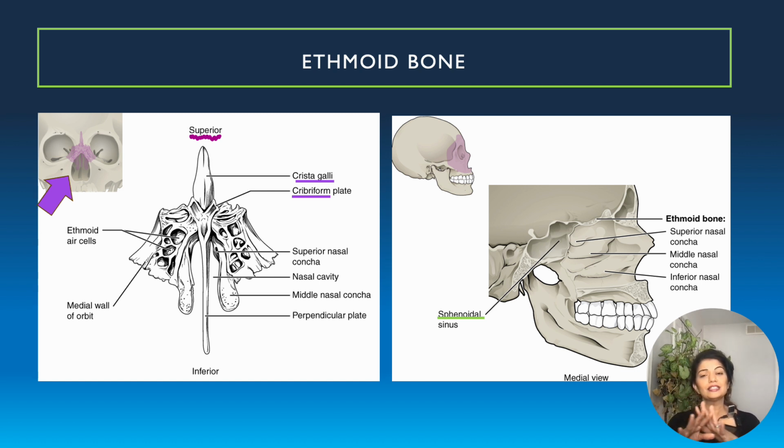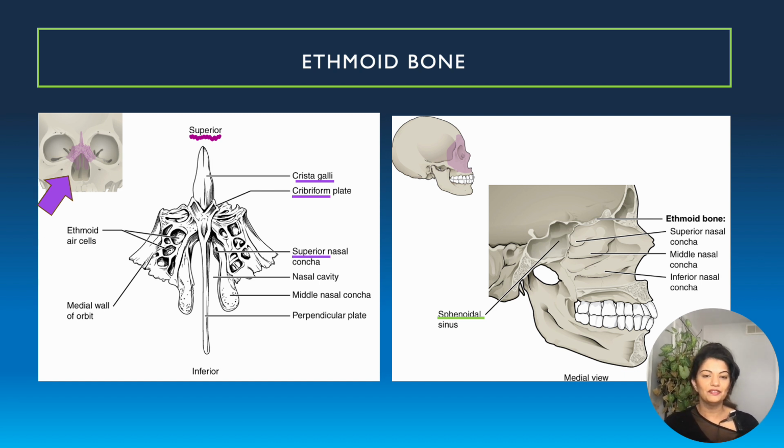Anyway, it's a small flattened area with many tiny openings called olfactory foramina. Several branches from the olfactory areas of the nasal cavity pass through these openings and into the brain.